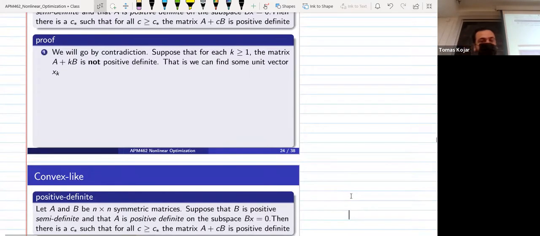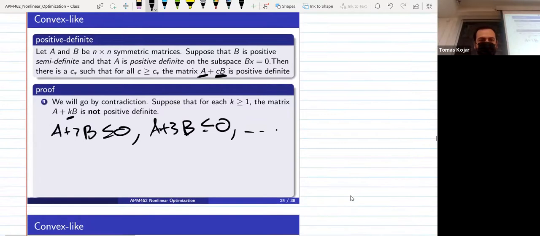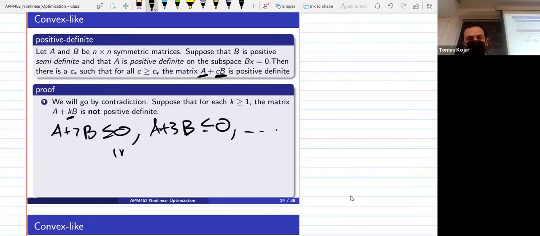But what does that mean? It means you can find the unit vector where you have this negativity. Being not positive definite means that there is a vector, there is a direction where you have negative, in some direction.